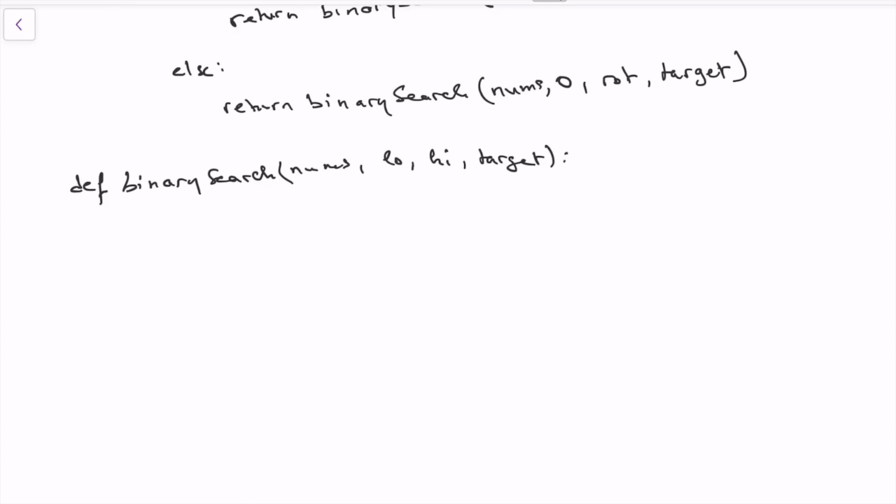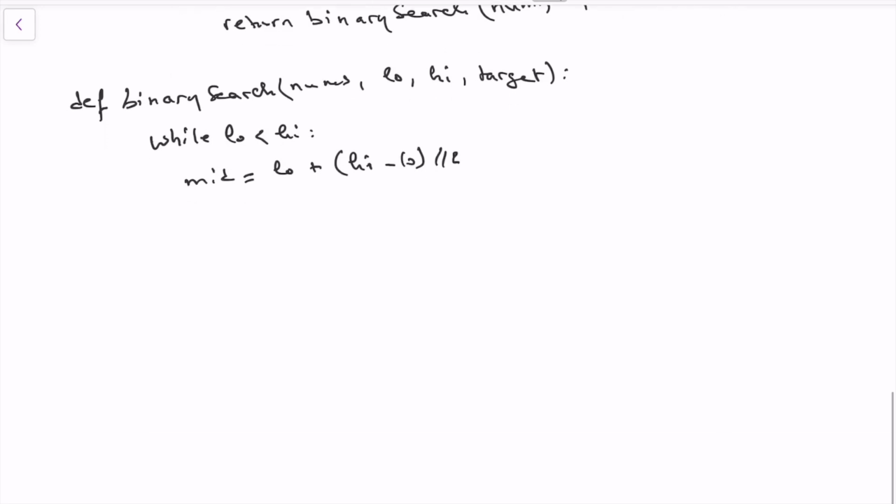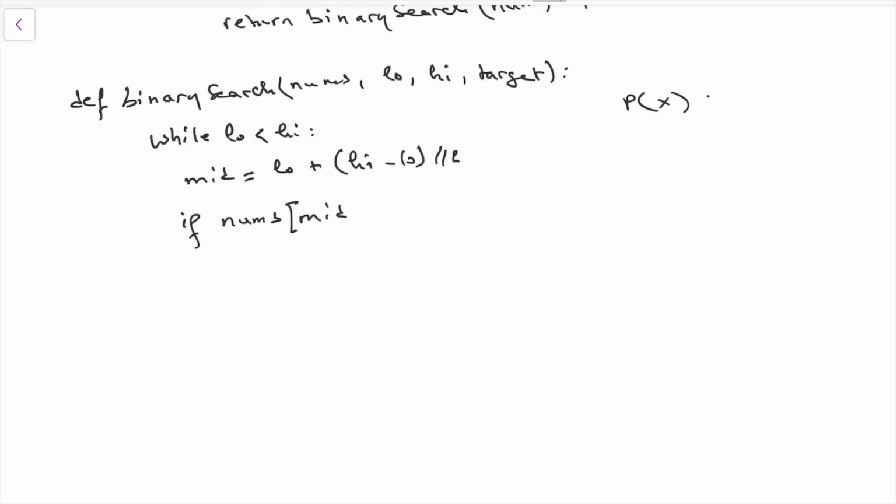First we need to say, while, just the binary search template, low less than high, compute the mid, which is low plus high minus low divided by 2, and then check the predicate here, p of x, which is that names at x is bigger than or equal to target.